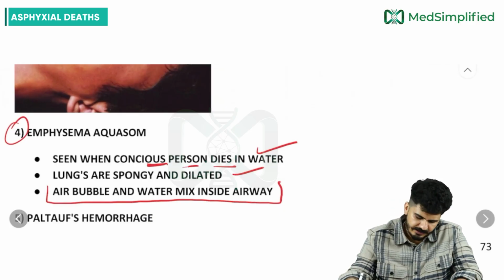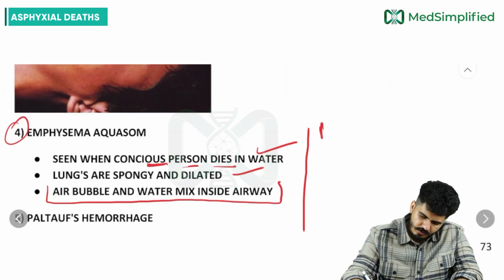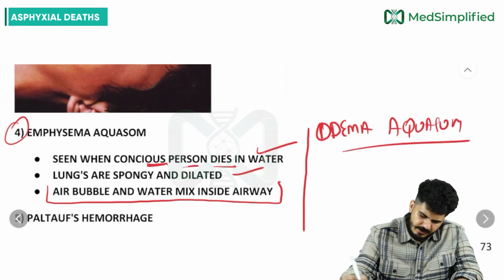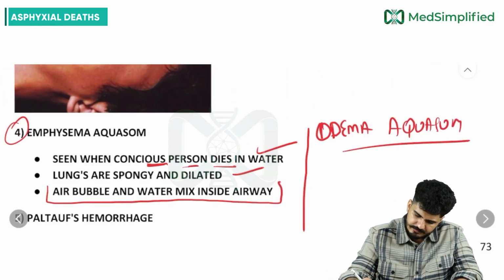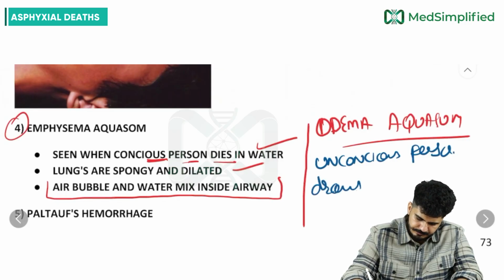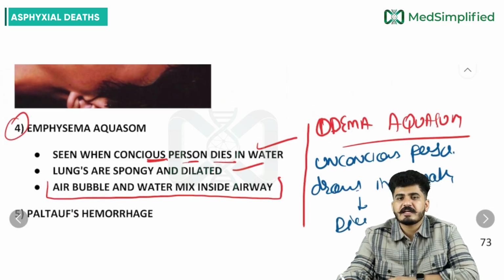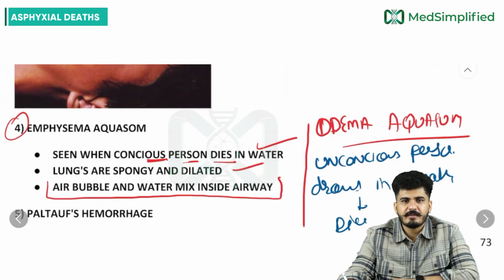This is emphysema aquosum. Now, the other finding you will see is oedema aquosum. Oedema aquosum is seen when an unconscious person drowned in water and then died. Oedema aquosum. There is an oedema in the lung.